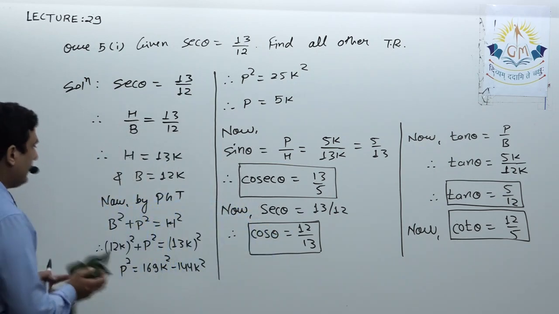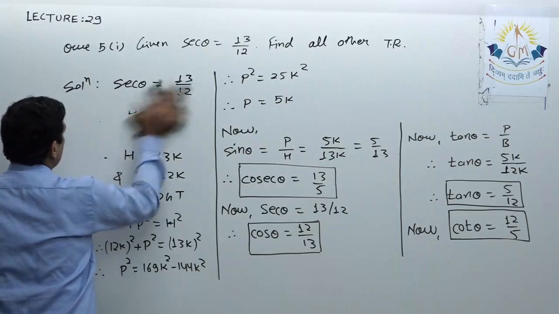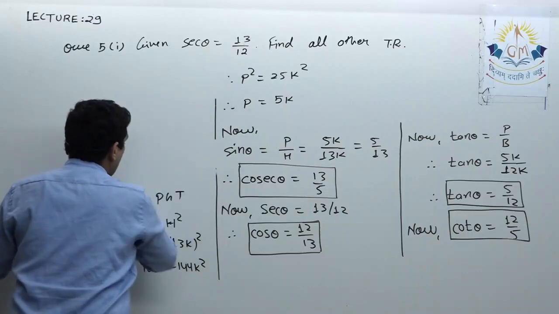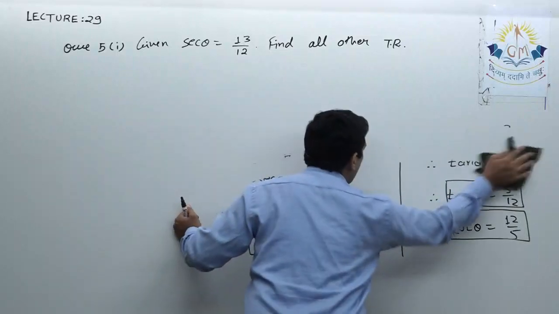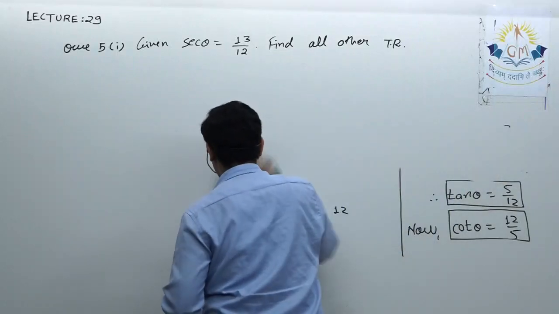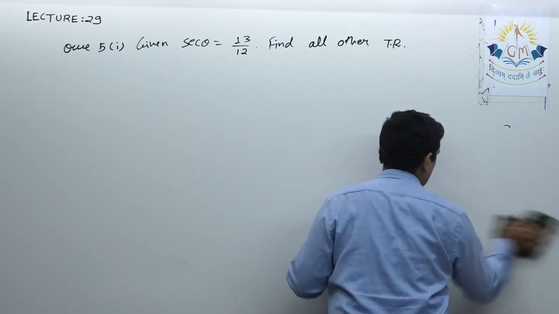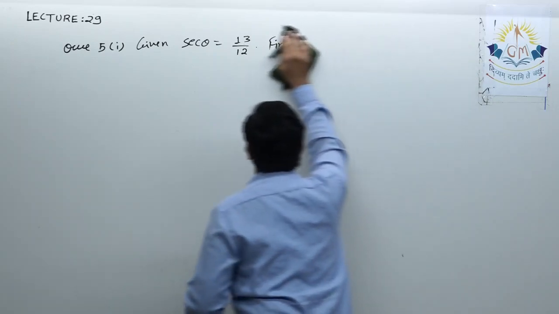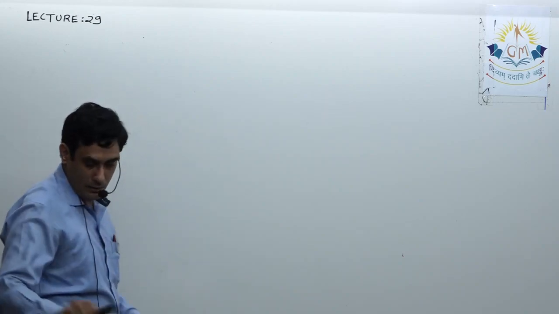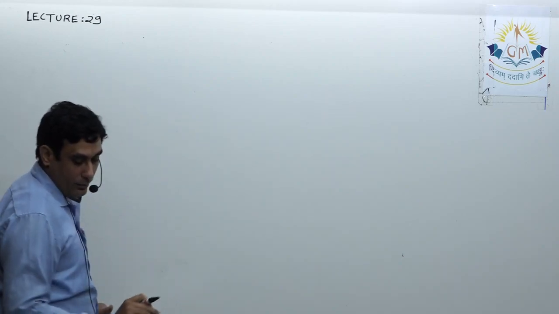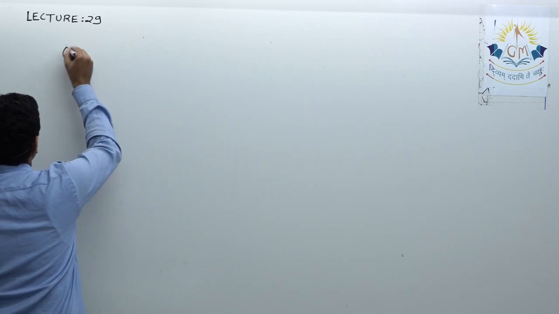If cot theta is equal to 7 by 8, the value of cot theta is given and you have to find the value of the given expression.